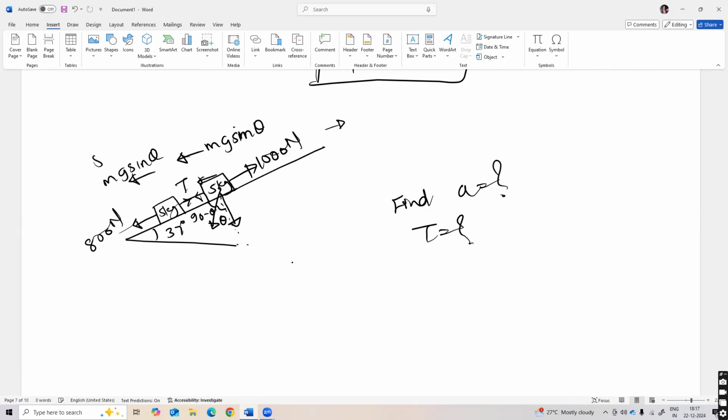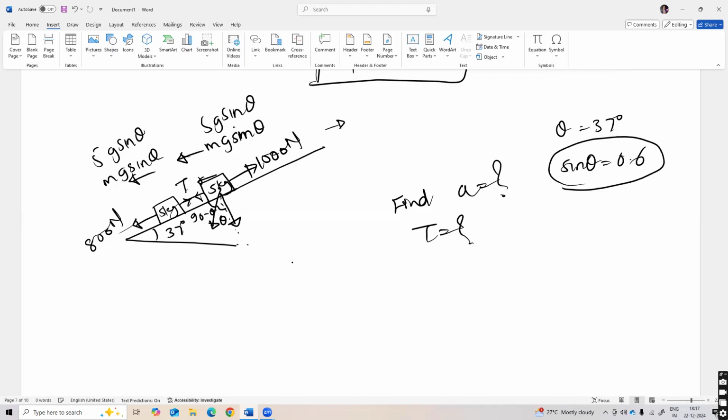Okay, so here it is 5g sin theta. Here also it is 5g sin theta. Okay, g is 10, of course. So 50 sin theta. So 37 is the angle. Theta is 37. So therefore sin theta is equal to 0.6. So 0.6 into 50, it is equal to 30 Newton.